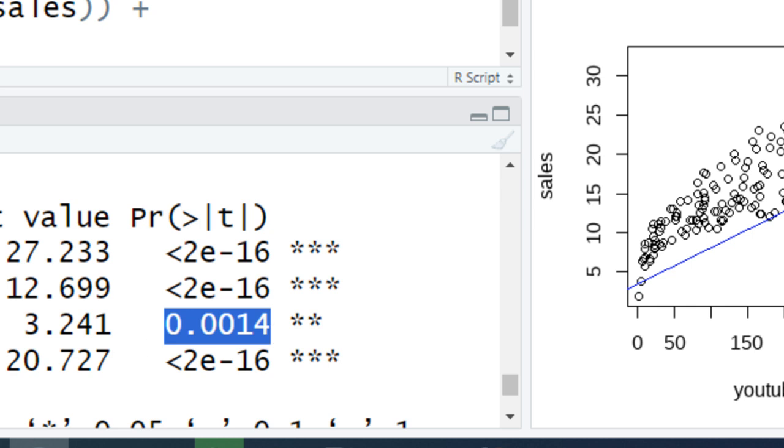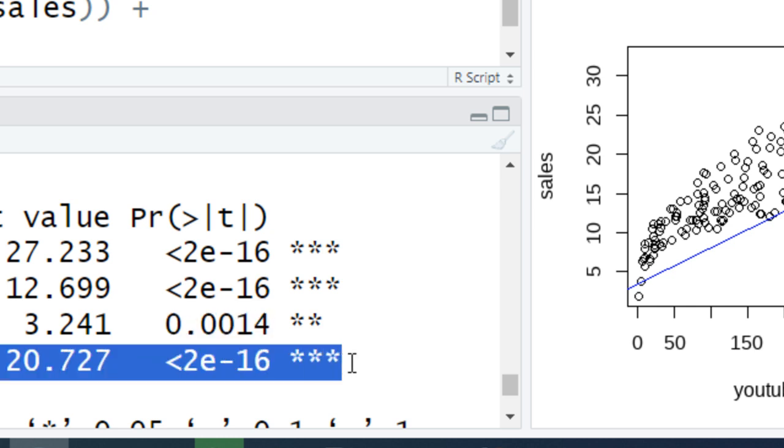The last line here is called the interaction line, between YouTube and Facebook. It is significant, which means there is a significant interaction between Facebook and YouTube to bring about the sales. They communicate together. So this is called interaction between the predictors, or between the x-axis variables, otherwise called independent variables.